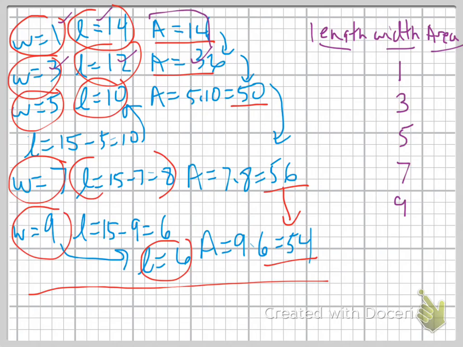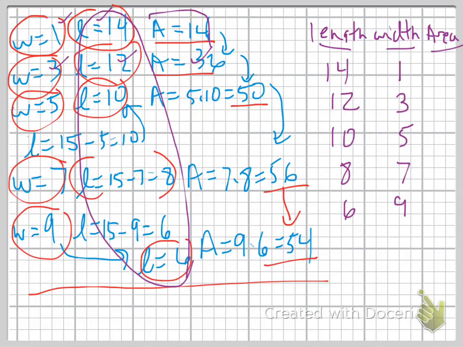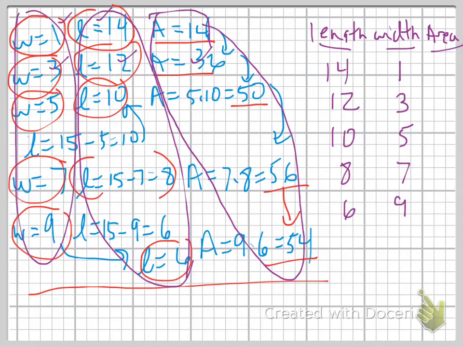My lengths were 14, 12, 10, 8, and 6. So here's all the lengths that I wrote down right there. Here's all the widths that I wrote down that go with them. And then I'm going to have to write the areas. So this one went from 14 to 36 to 50 to 56.